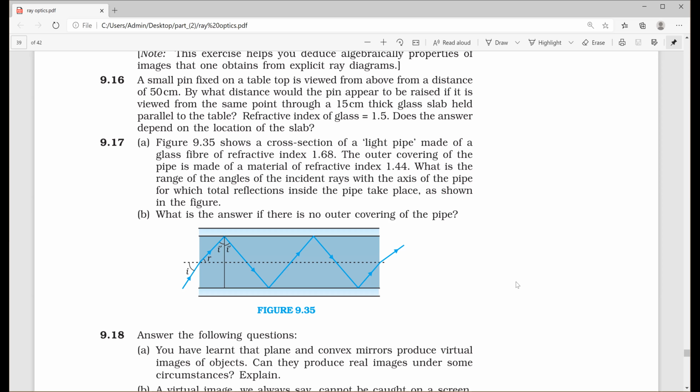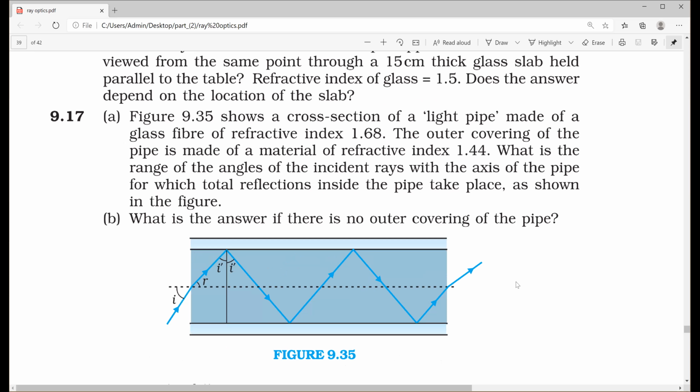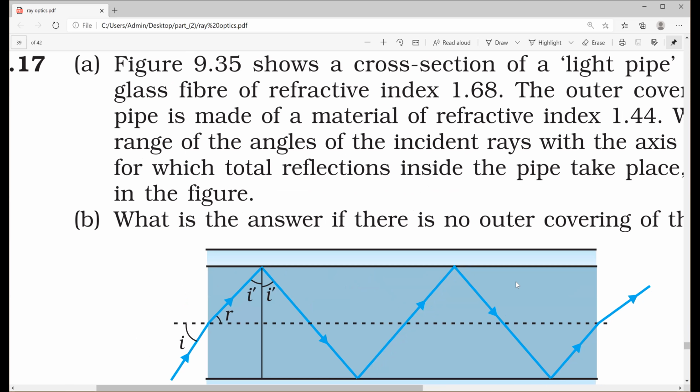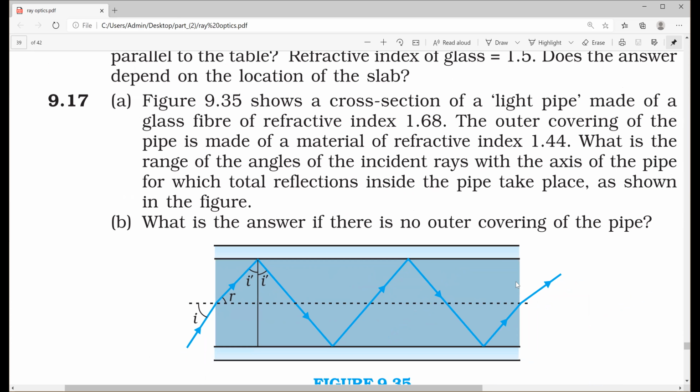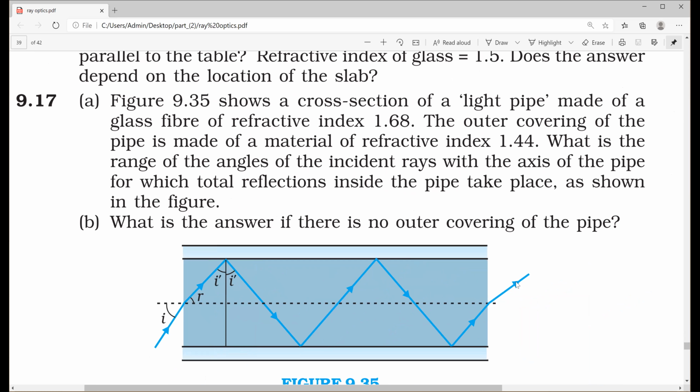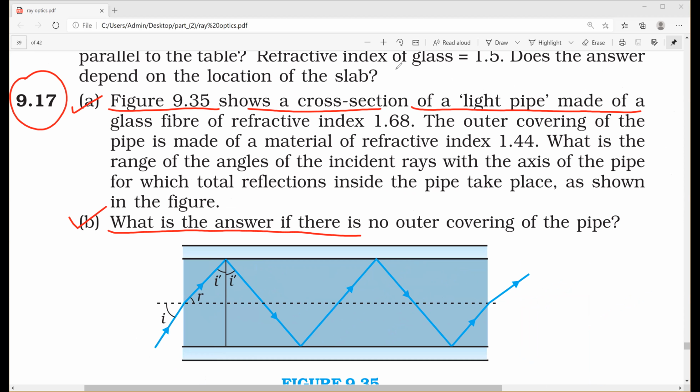9.17. So here A and B, two questions are asked. What is the first question they have asked?